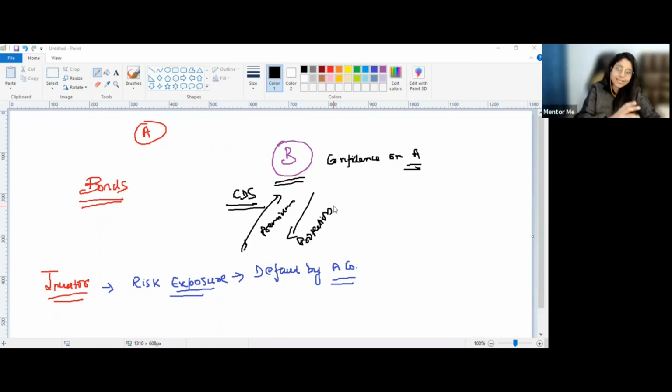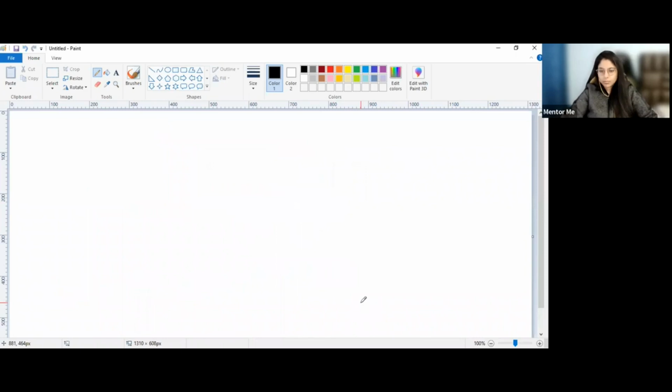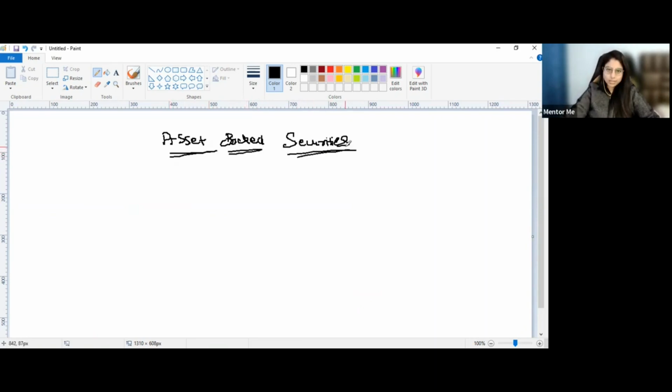Okay, now what are asset-backed securities? Let's understand. Okay, so what are these?